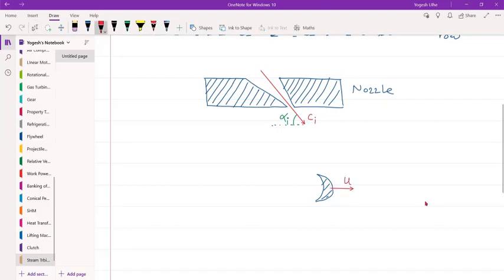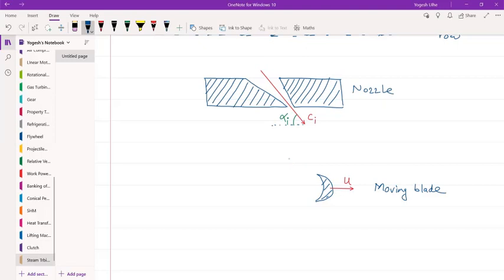Now suppose steam leaves the nozzle and enters this blade. This is our moving blade. So steam leaves the nozzle and it enters the moving blade.